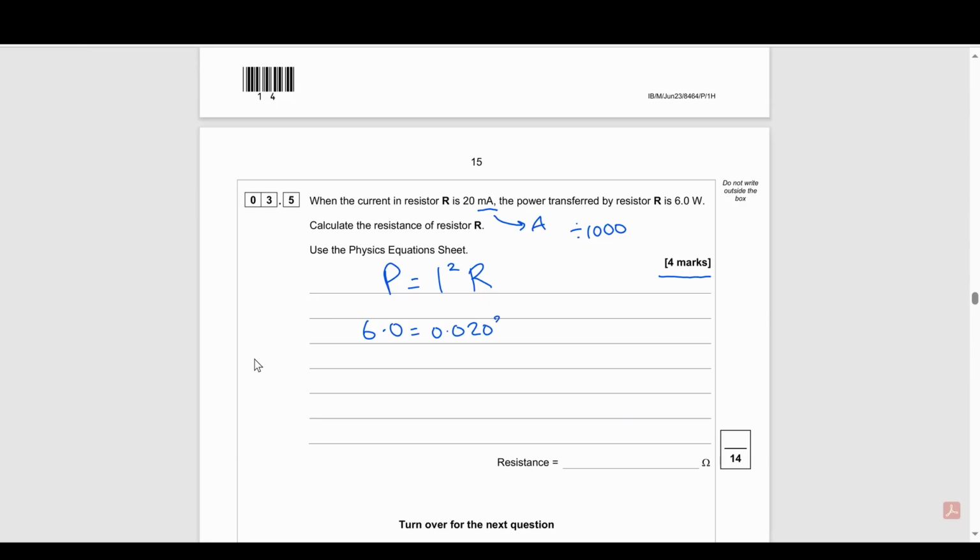Remember that we need to square that, and then we need to multiply that by R, which we do not know right now. So rearranging, it'd be 6 divided by 0.02 squared, and that would equal our resistance. So plugging that into a calculator, we will get an answer of 15,000 ohms.